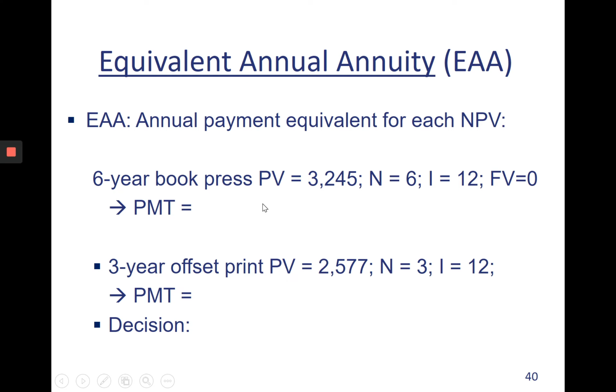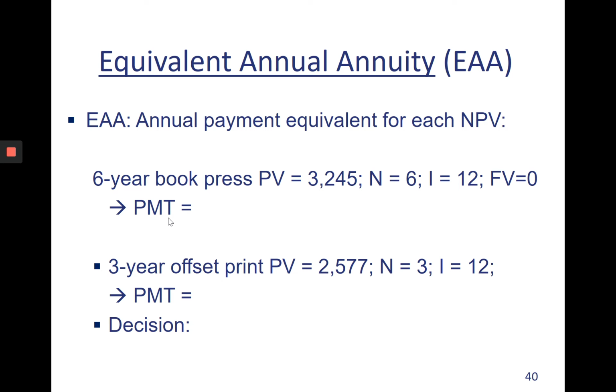If you go to your financial calculator, you have a present value, and in this case, it's equal to 3,245. You have a life of project, which is 6 years. You have a cost of capital or interest that is 12%, and future value is always 0, because in the future we completely pay off a loan. We want to know what is the payment for this loan, so we can borrow 3,245 today and pay it in 6 periods with an interest of 12%.